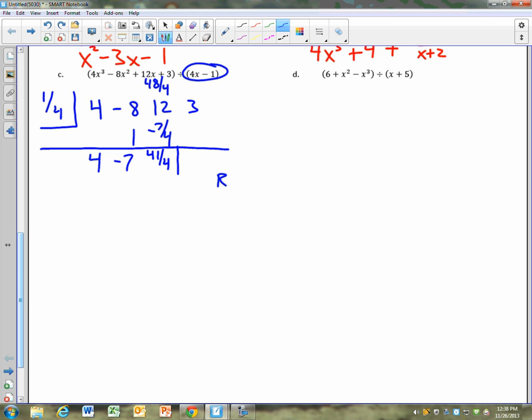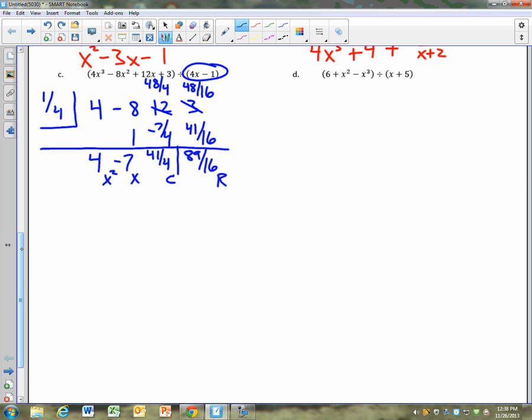1/4 times 41 over 4 is 41 over 16. Now I have to rewrite 3 as fourths, or as sixteenths, excuse me. That's 48 sixteenths. 48 sixteenths plus 41 sixteenths is 89 sixteenths. My remainder is a constant.